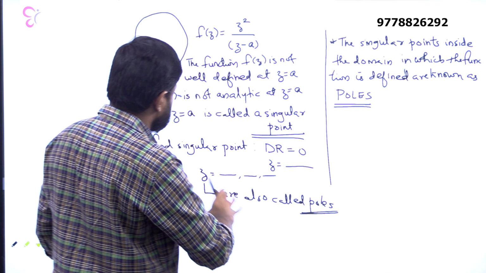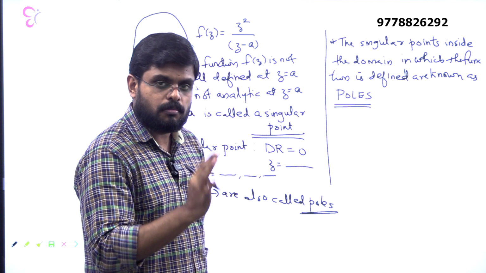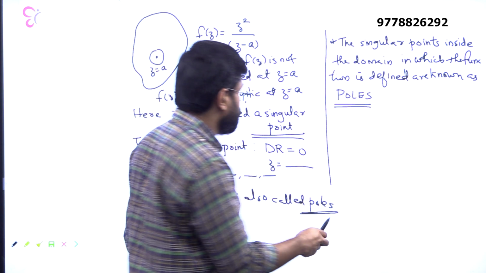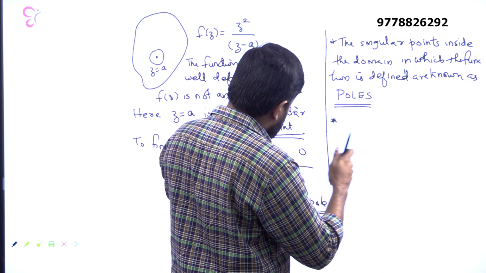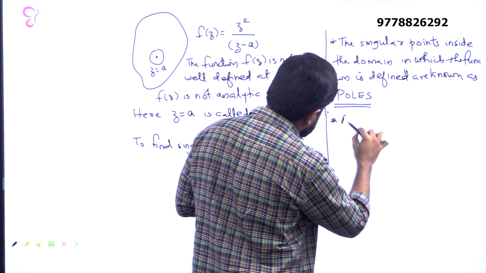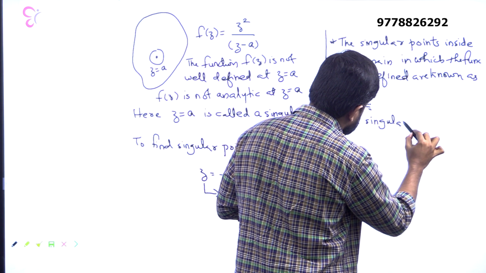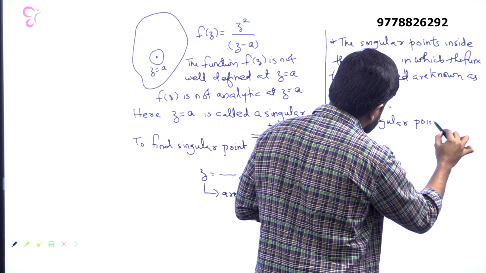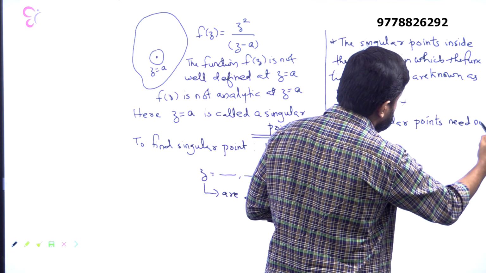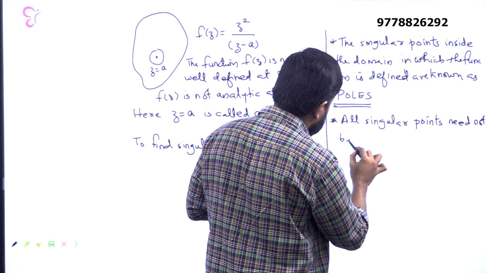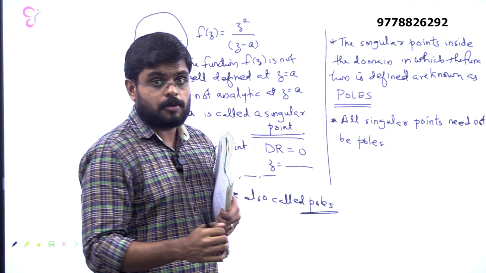So all these singular points are essentially the poles themselves, but there are some differences that I will sort out. Therefore all singular points need not be poles.